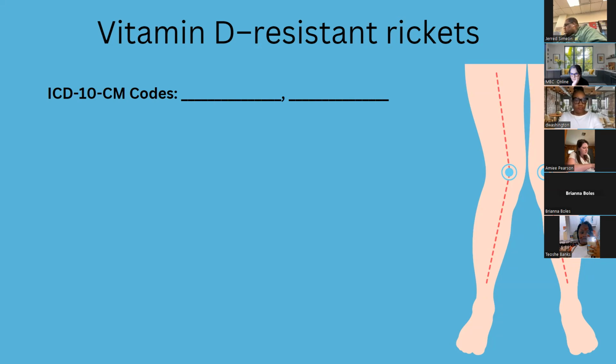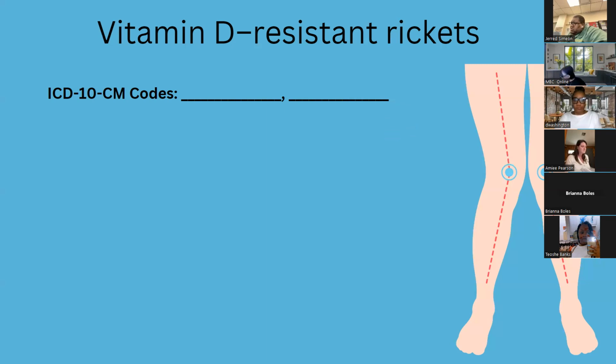It says osteopathy in diseases classified elsewhere, unspecified site. So rickets is actually the softening of bone and tissue, and it's usually in young children. I had to look it up because it just intrigued me too much. So yes, that M code is correct.